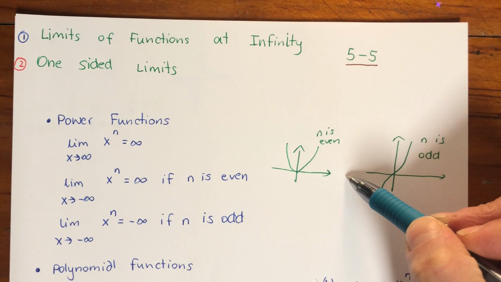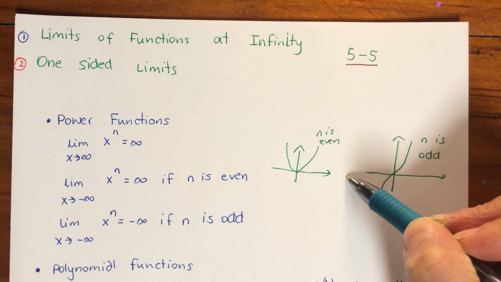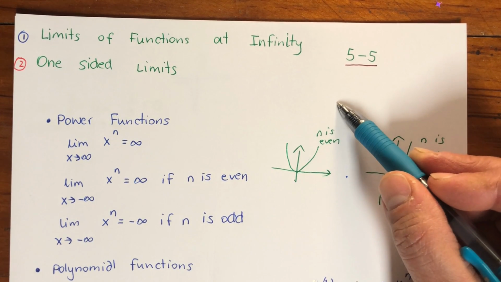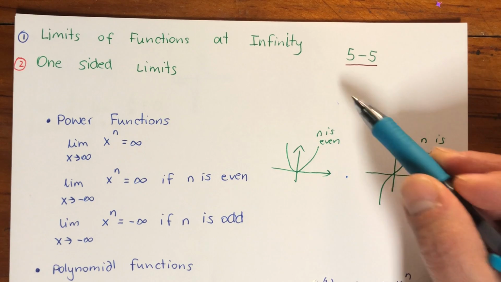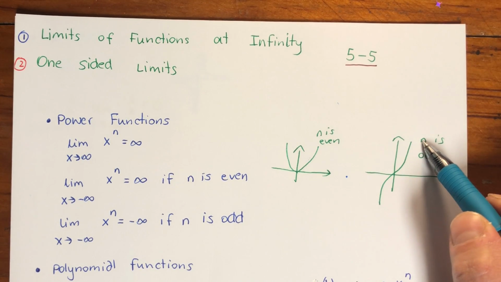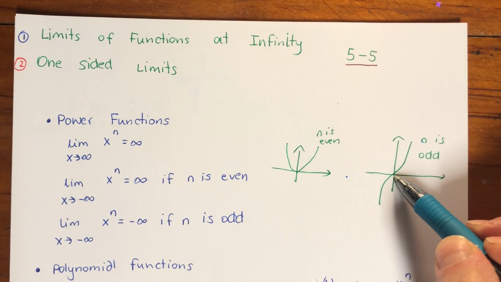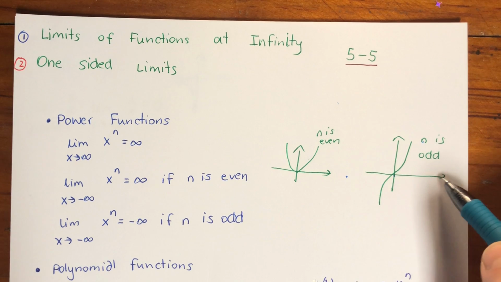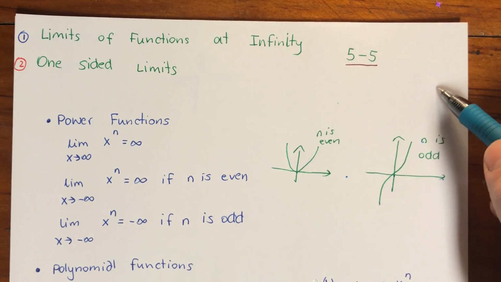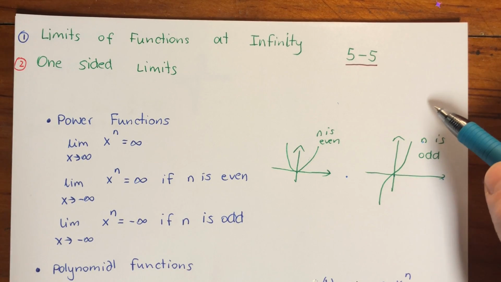As x goes to positive infinity, my function is going to go to positive infinity as well. Now, if the exponent is odd, the same thing is going to happen as x goes to positive infinity. The function is still going to go to positive infinity.